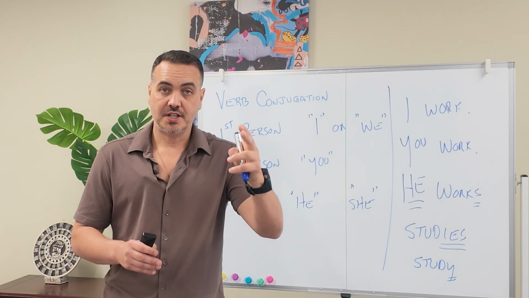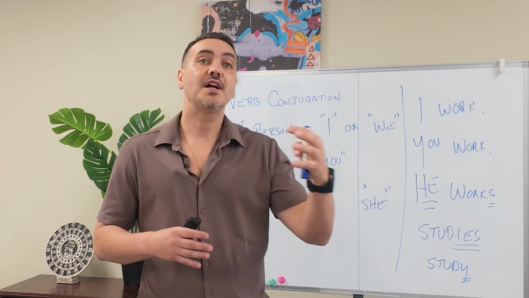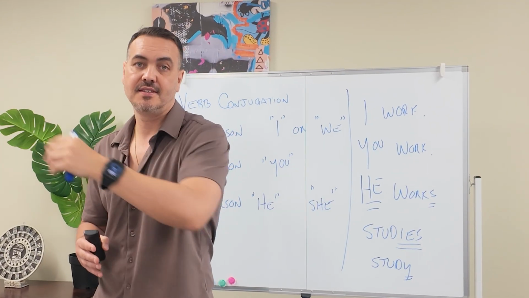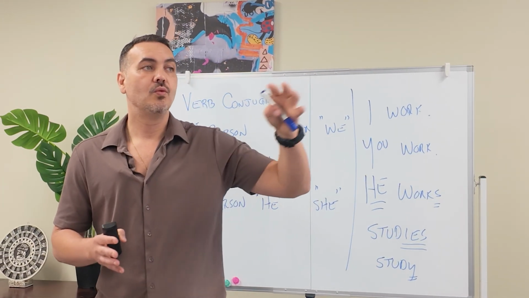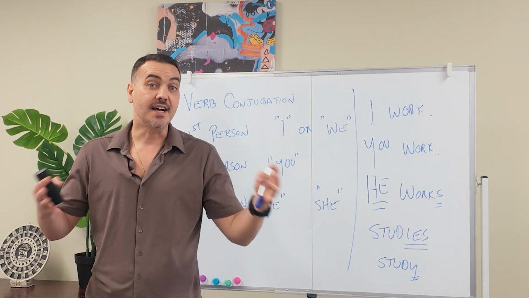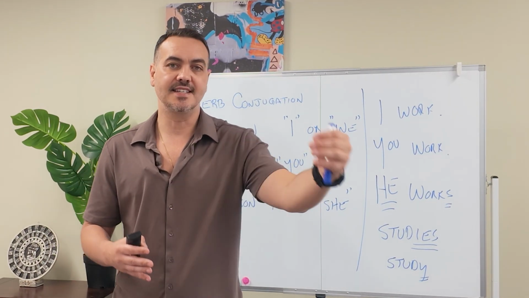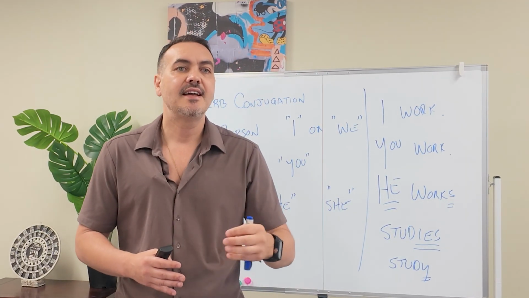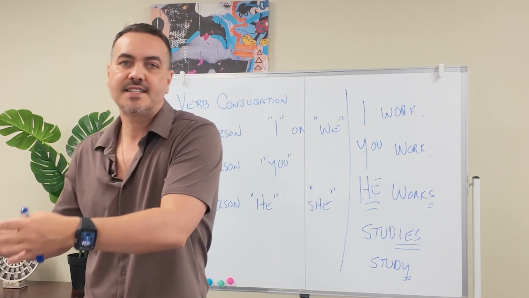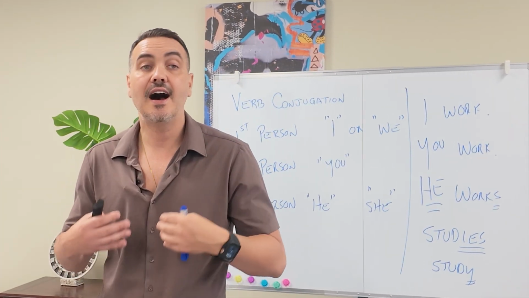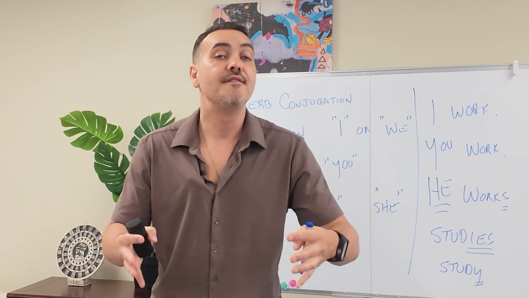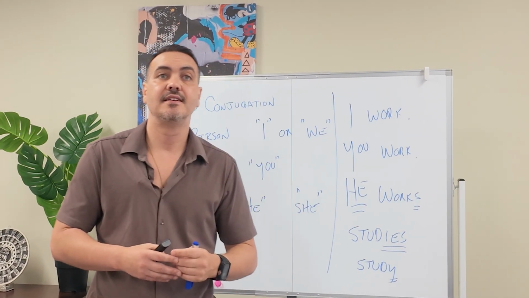Watch. If I'm watching something, watch becomes watches. Okay? She watches the movie. He watches the birds. Okay? Fix becomes fixes. Okay? He fixes this. She fixes that. I fix this. You fix that.